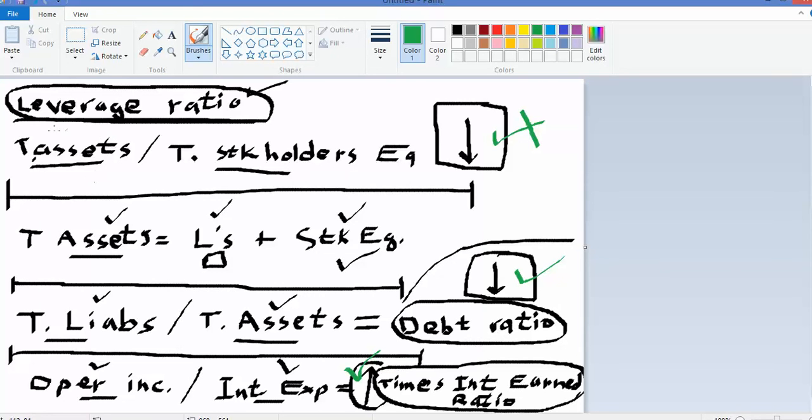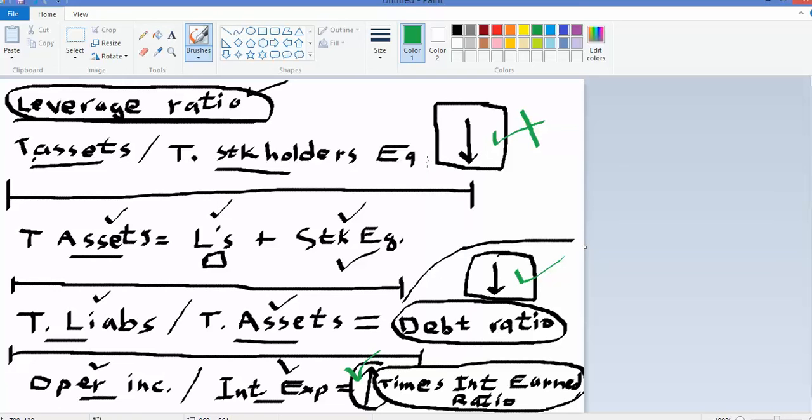You want assets to come about because the company is doing really well, not because it's floating a whole bunch of stock and creating cash that way. So total assets are good. You want this number to be high. The problem is you don't want it to be high relative to stockholders' equity. So generally speaking, leverage ratio, you want it to be as low as possible.